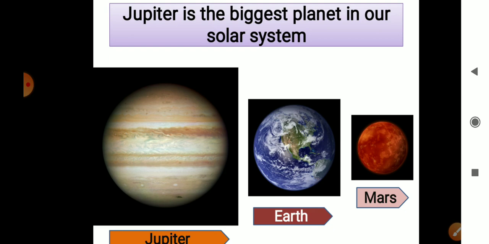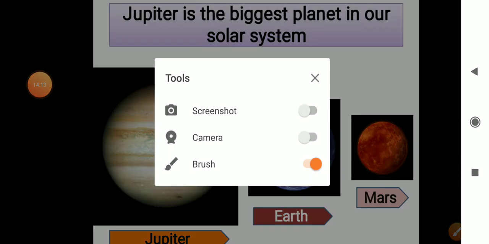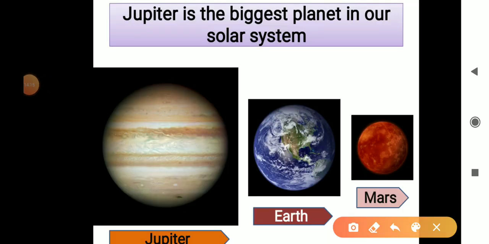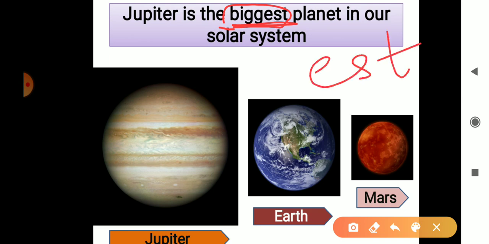But here I want to tell you about the greatest level of Jupiter's size amongst all the planets, so in that case we are using the superlative degree. Jupiter is the biggest planet in our solar system. See how to identify the superlative degree: the word biggest tells us about it. We are using EST for the superlative degree.